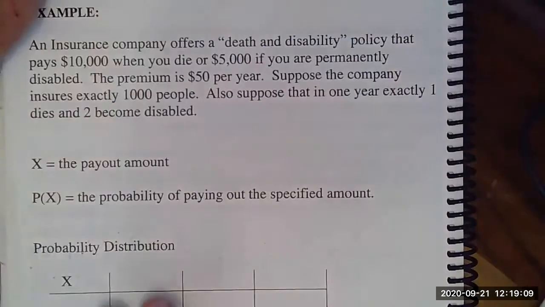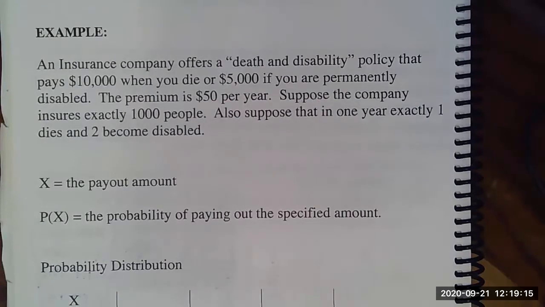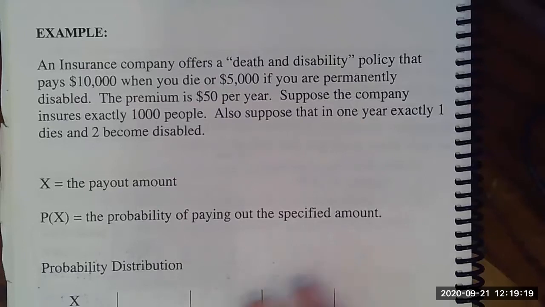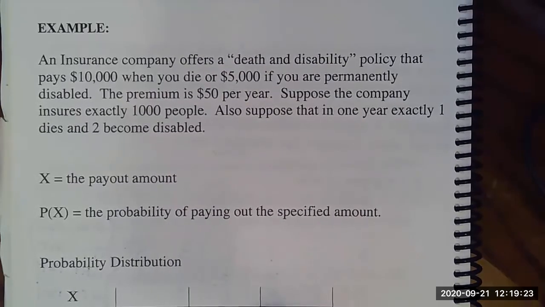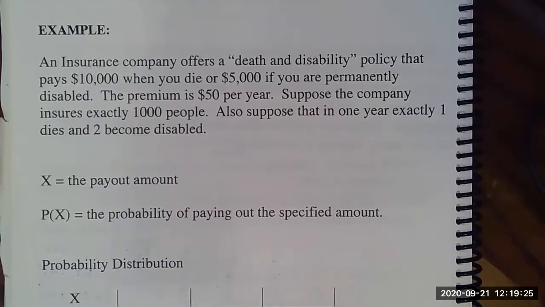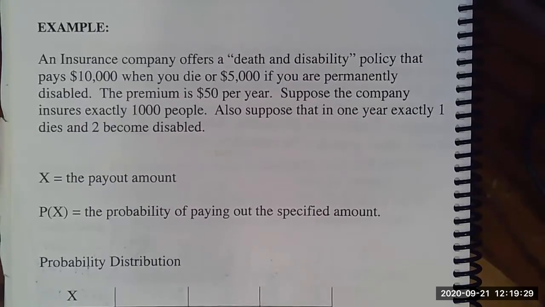Okay, so let's say an insurance company has, well, there are lots of insurances you could buy. Most all of you, if you drive a vehicle, are legally bound by the state of California to have auto insurance, at least liability insurance.